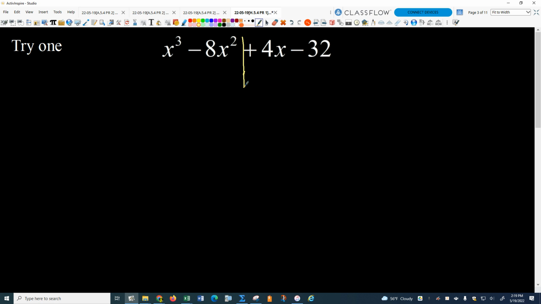You can only do the difference of squares, so you just would stop there. Yep, good. Good job.